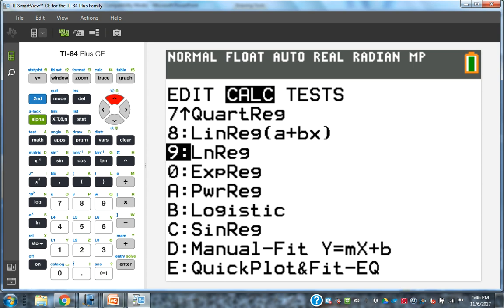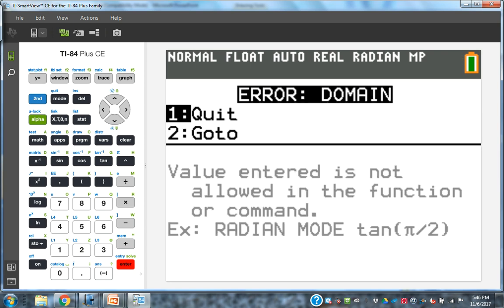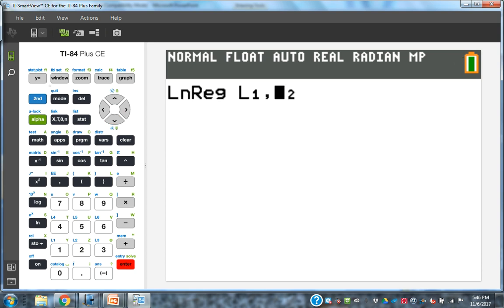And you do the same things. You put your table in as list 1 and list 2, and then you use this to get your equation. And this is not a natural log regression, but I'll show you what it's going to look like. It wouldn't do it. I was afraid of that because it's not the right kind of data to do that with.